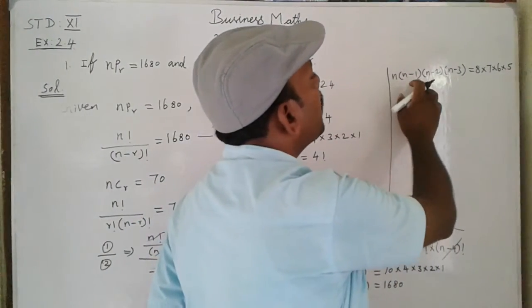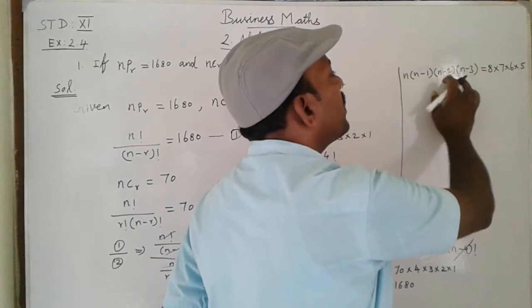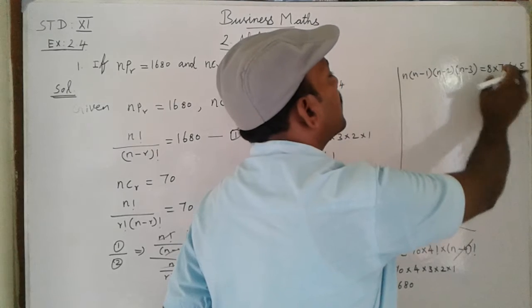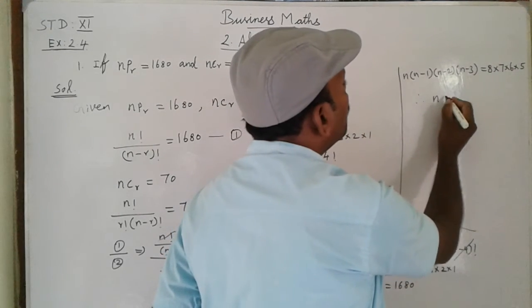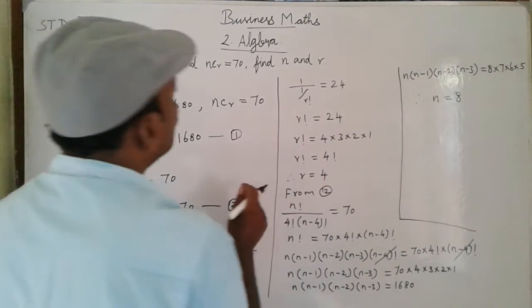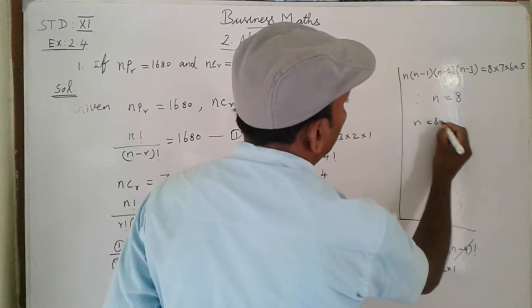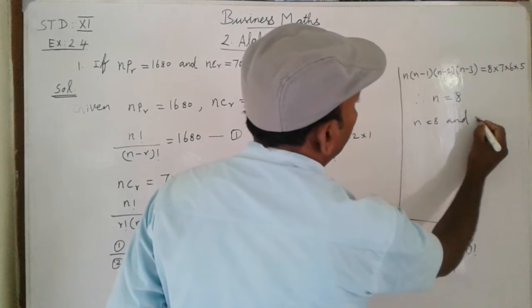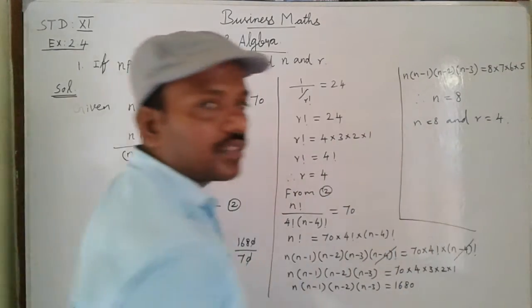So n into (n minus 1): n is 8, then n minus 1 is 7, n minus 2 is 6, n minus 3 is 5. Therefore n equal to 8. Now we have found n and r: n equal to 8 and r equal to 4. That's all.